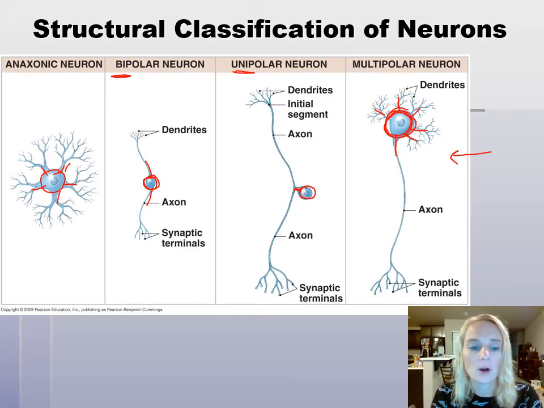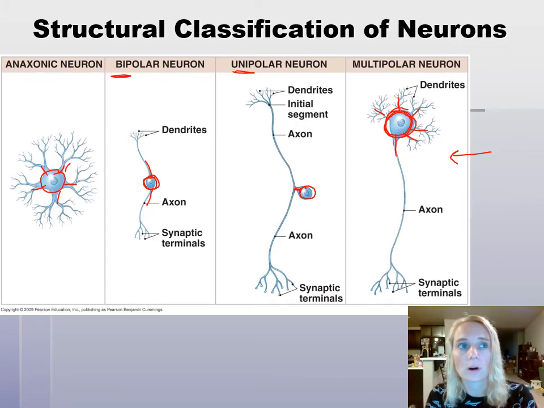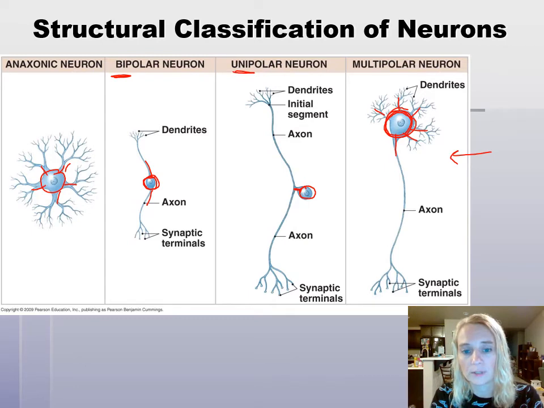Bipolar neurons are also relatively rare. They're typically only found in special senses. We'll see them again in vision, in your eyeball, and olfaction in your nose. Unipolar and multipolar are definitely way more dominant in our peripheral nervous system. And multipolar is very common in our brain as well. Multipolar is the most common type of neuron, which is typically why we use it as a model.